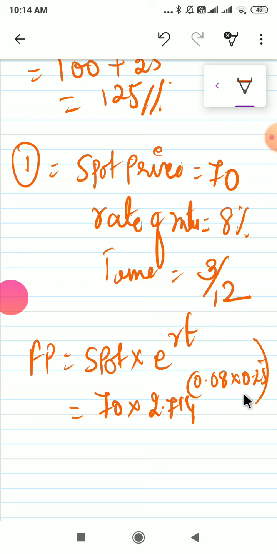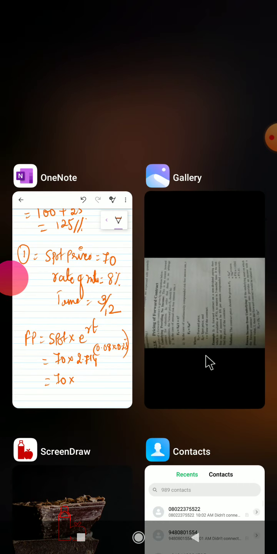Now if you multiply this calculation, you will get 1.020.